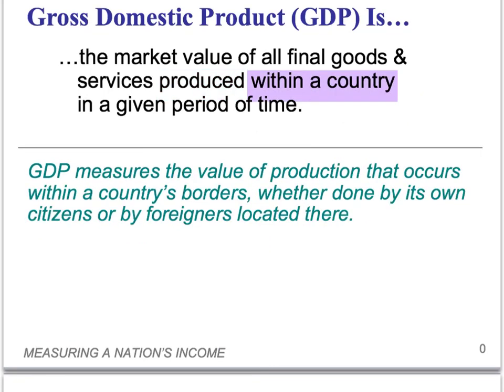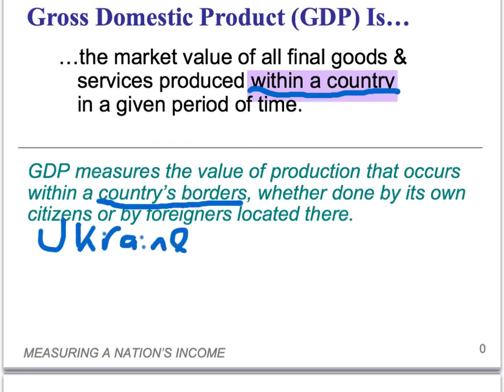And it's the market value of all final goods and services produced within a country, within their borders. It happens within a country. So if there is somebody from the Ukraine working in New York City, it's counted as GDP.